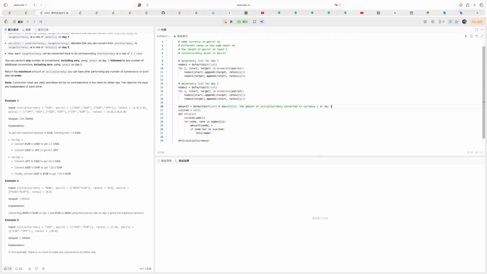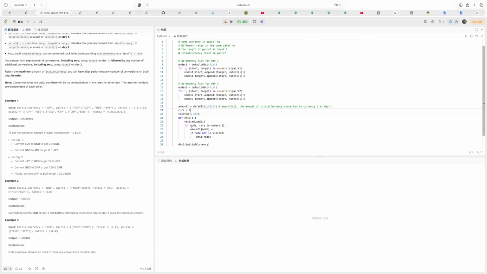Okay, so the initial currency will be 1. Yeah, but for day 2, so we have 1, and then I think I need the current amount. Have 1 first.